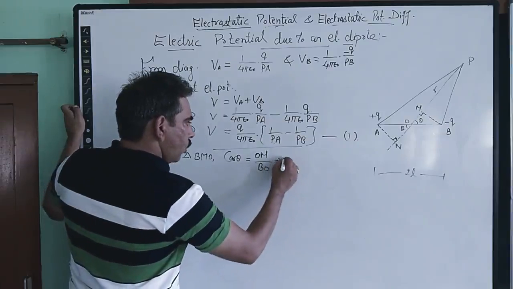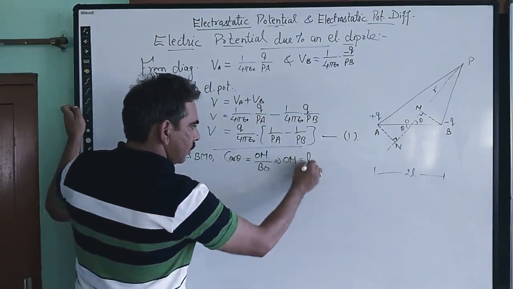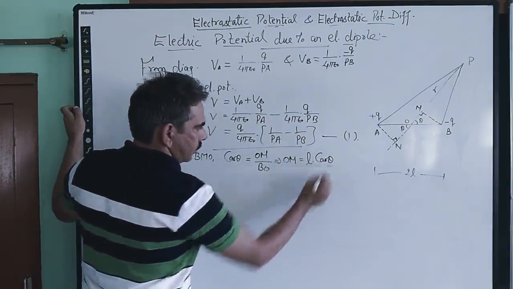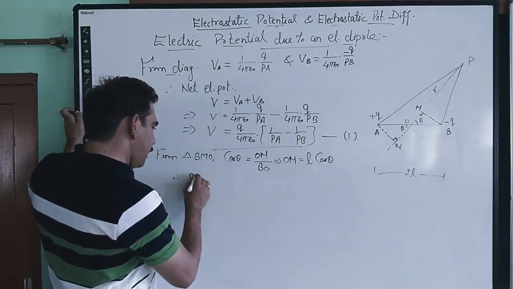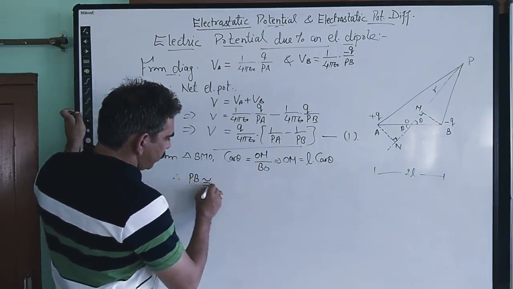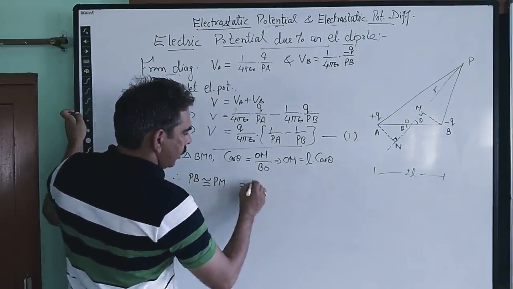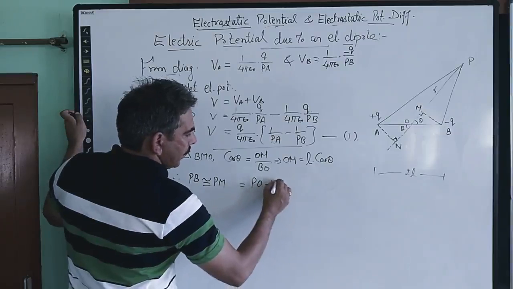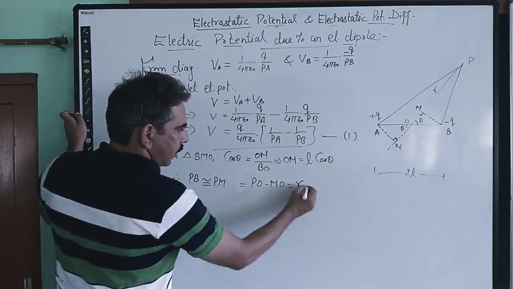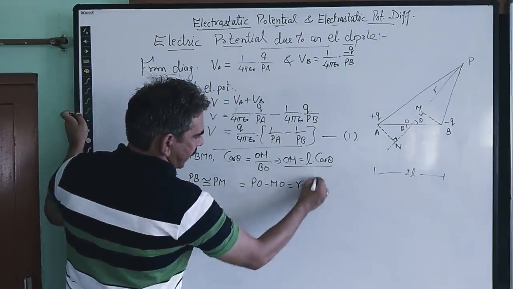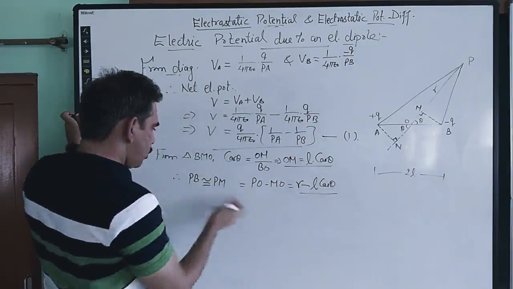So OM is simply equal to BO, which is L, times cos theta. Therefore PB, which is very nearly equal to PM, is given by PO minus MO, which is R minus L cos theta. This is the value we are going to use here.